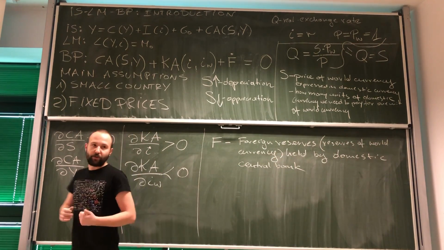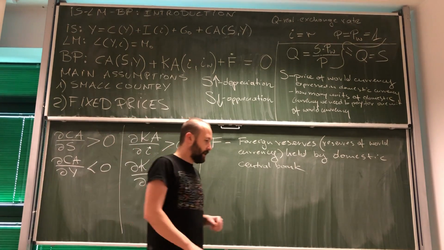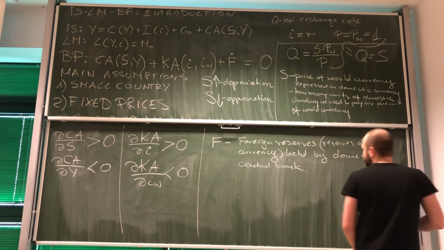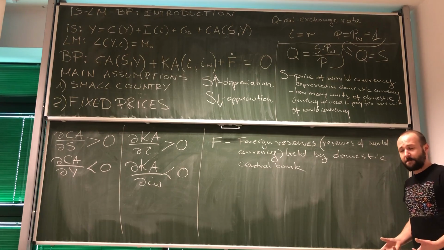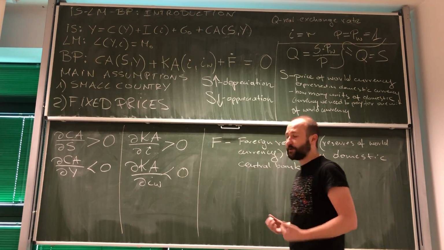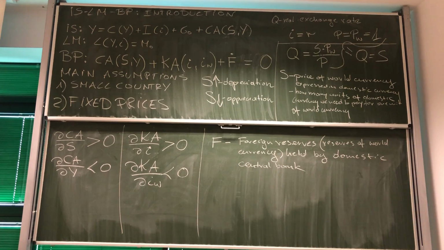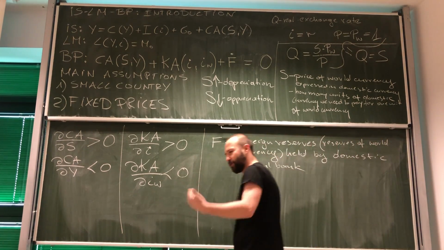But if the central bank would like to appreciate our currency, it should do the opposite. It should take foreign reserves and purchase our currency from the market. Because remember, the more of our currency is on the market, the higher the supply, the lower its value.